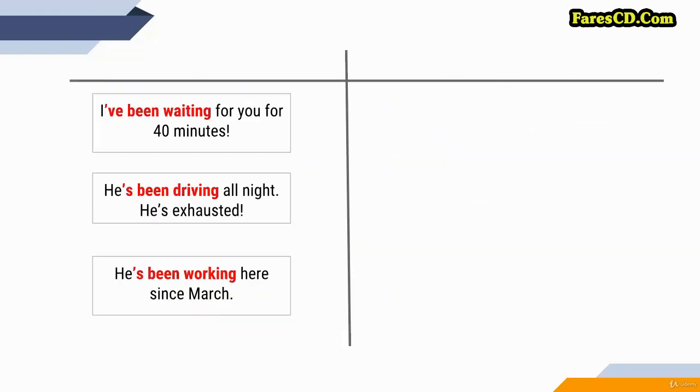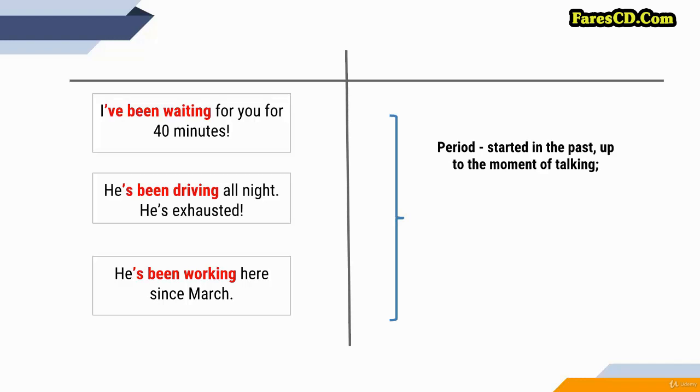How it is formed, it's clear. I've been waiting for you for 20 minutes. I've been waiting for you for 40 minutes. He's been driving all night. He's exhausted now.